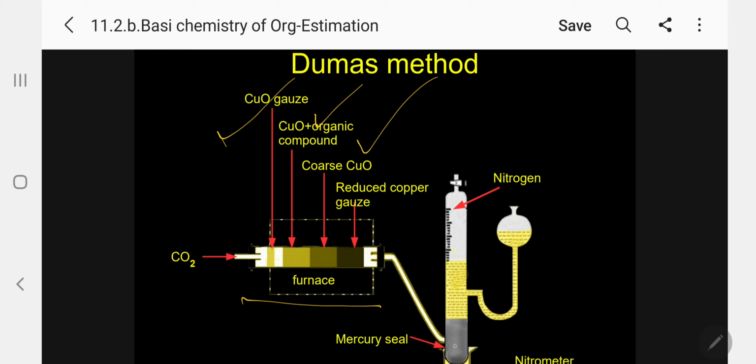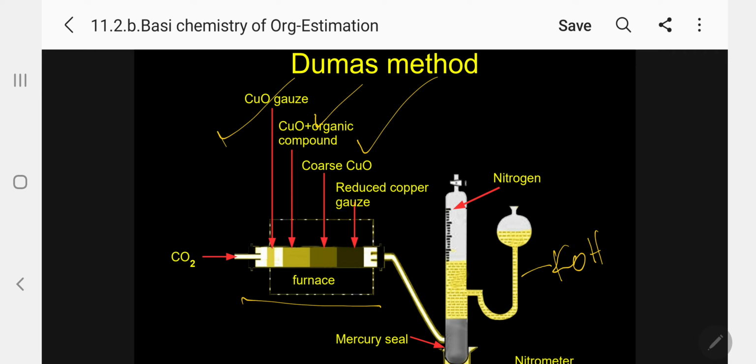So nitrogen gas is collected over here. This is the potassium hydroxide solution. By adjusting the reservoir, we can fix the exact volume in the graduated Gibbs nitrometer.